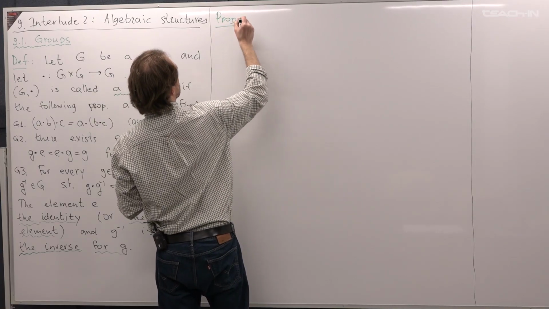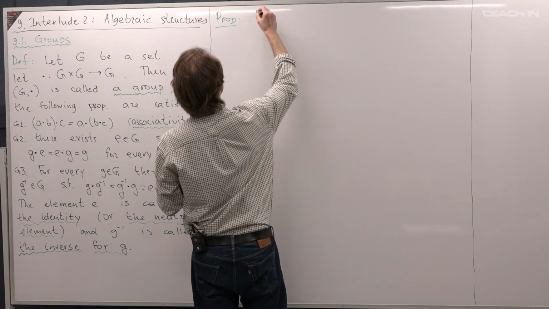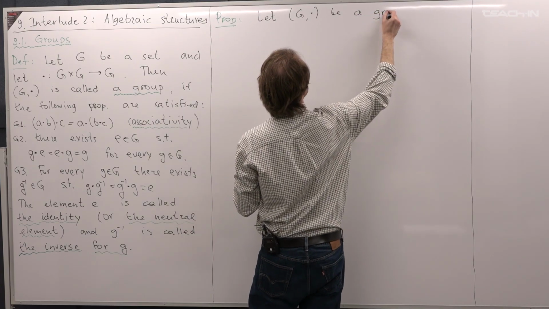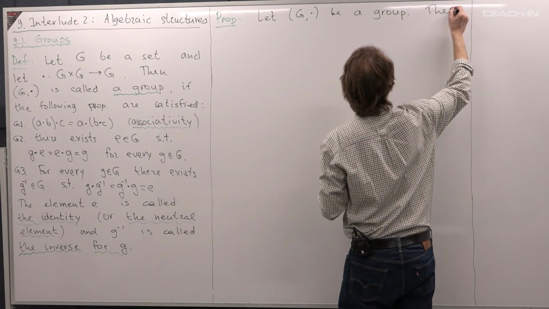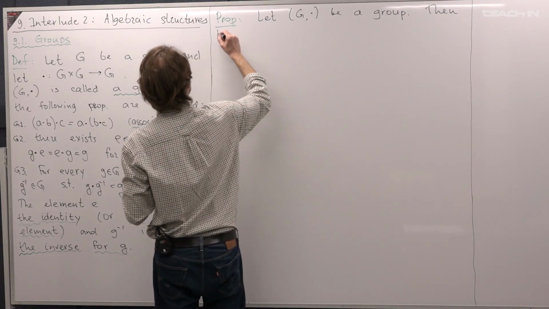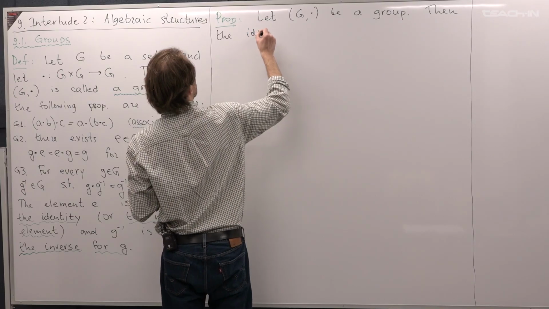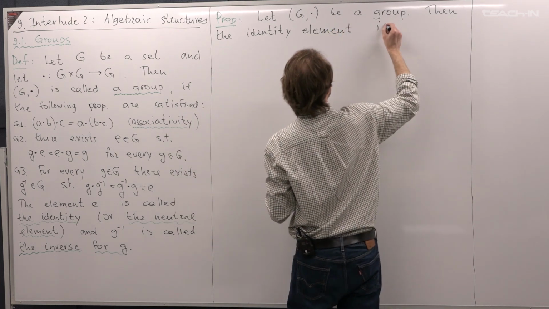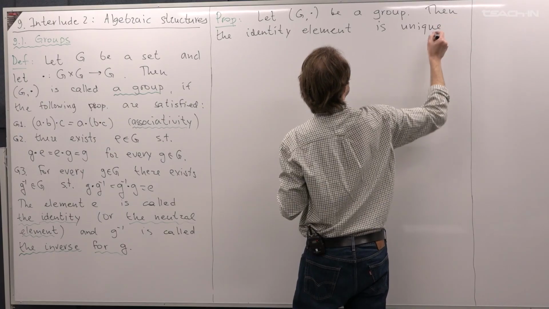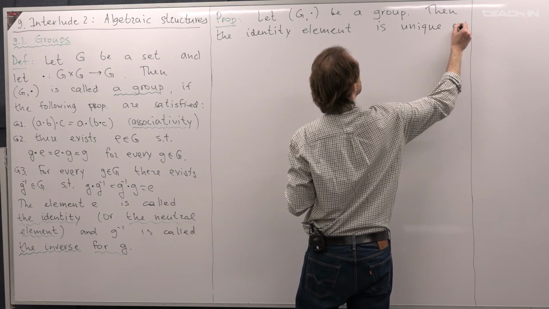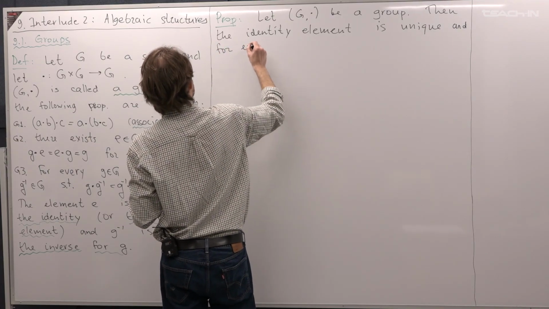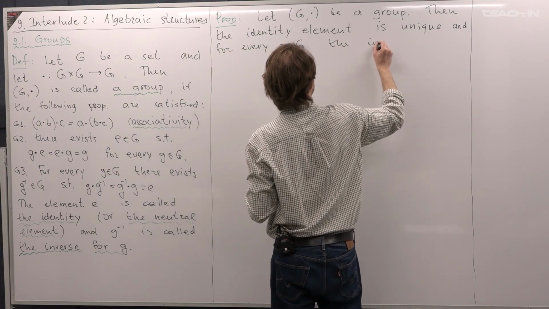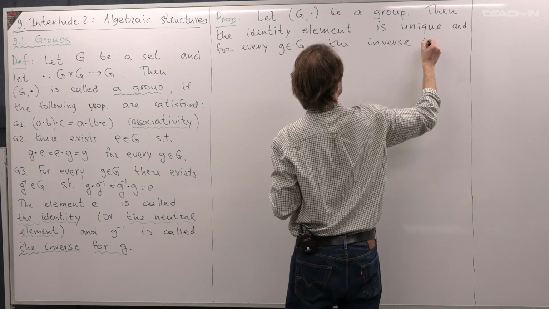Proposition: let (G, ·) be a group, then the identity element is unique and for every g from G, the inverse is also unique.